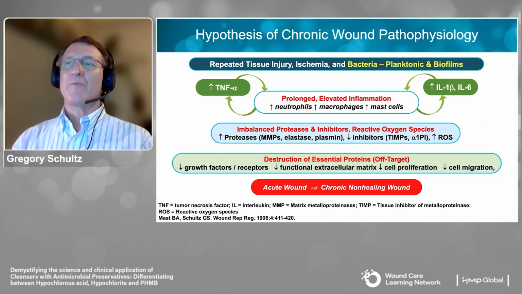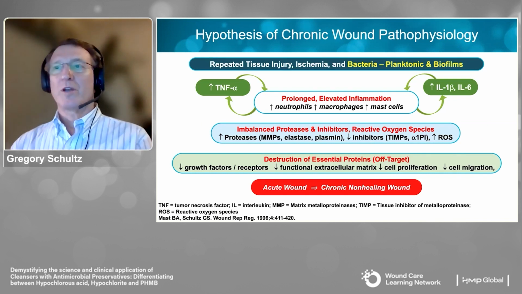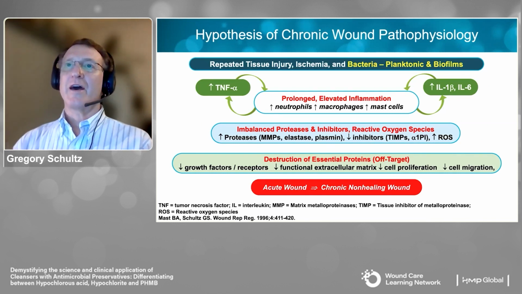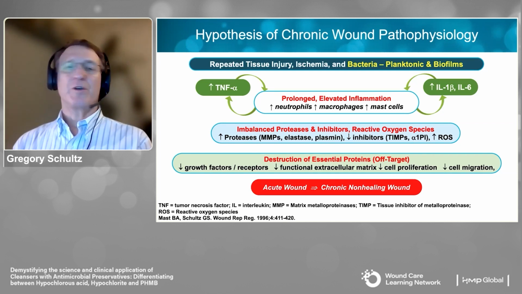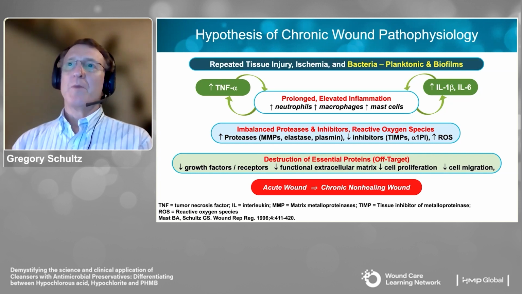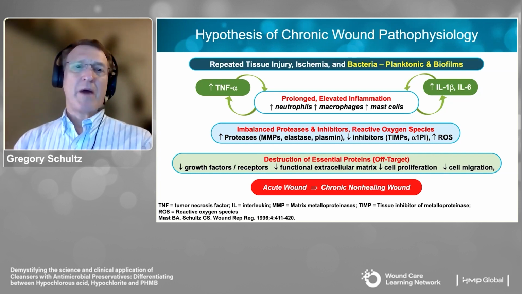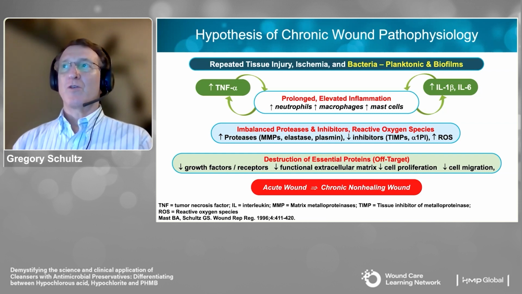Information from multiple laboratories as well as clinical studies indicate that this hypothesis of chronic wound pathophysiology really starts with the idea that in all those four types of wounds, there are repeated tissue injury, almost always with some ischemia. But critically important is the bacterial bioburden component. And that includes both the single planktonic bacteria as well as the bacteria in the biofilm phenotype.